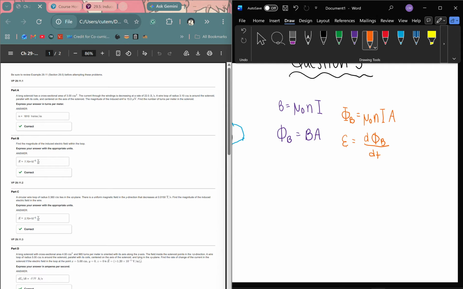This is the script E, induced electromotive force. This is the d, a very small change, and this is the dt, a small change in time. So this whole thing means the rate at which the magnetic flux changes with time.